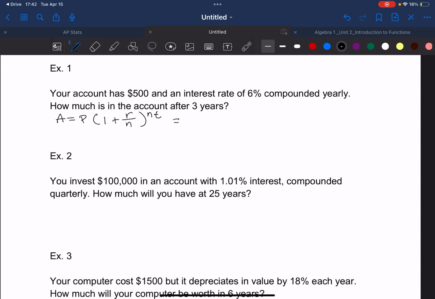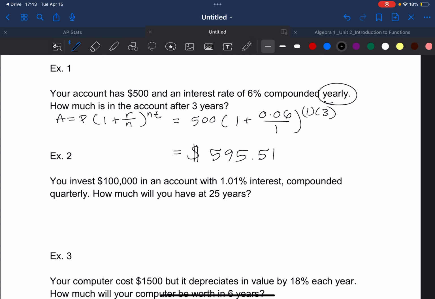So this is going to be equal to 500 times 1 plus 0.06 over 1, because compounded yearly, that's the amount of times per year, to the power of 1 times 3. You're going to type this into your calculator exactly as is, and you're going to get the amount $595.51.